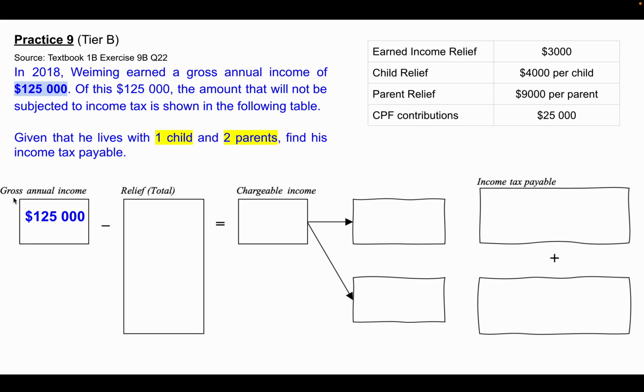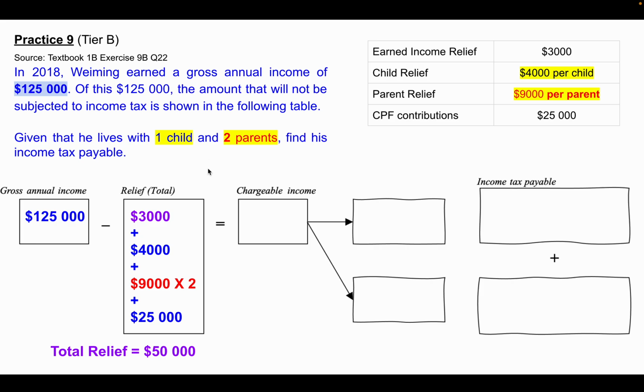So we need to take note of the amounts here. And so first gross annual income is this, followed by 1 child and 2 parents. Now, to take note, it says that it's $4,000 per child and $9,000 per parent. So do note there are two parents.